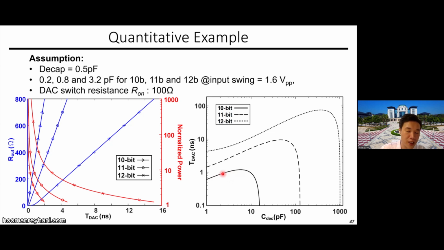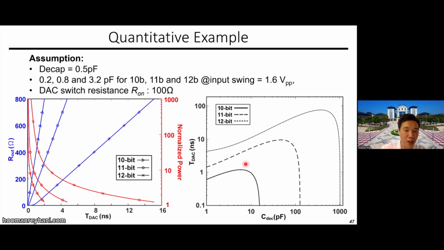So the recovering of the reference voltage is even harder. All right. So in that case, you can see that if you do not add enough decoupling capacitance, you will just make things worse. Then you have to add a very large decoupling capacitance. Then you can have a short DAC time.